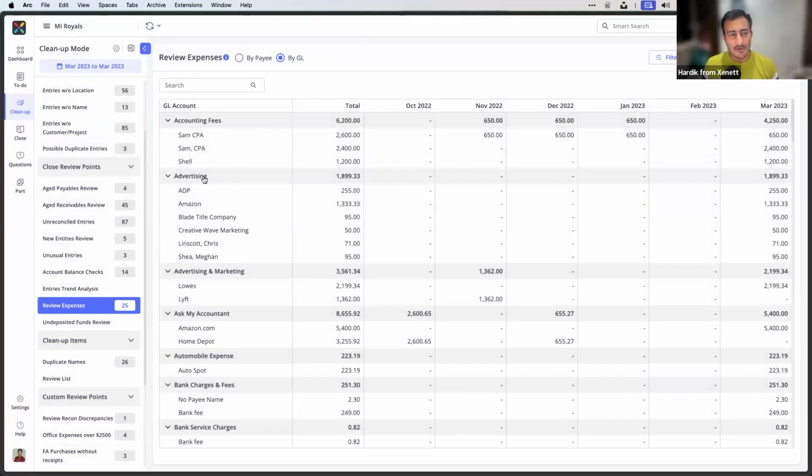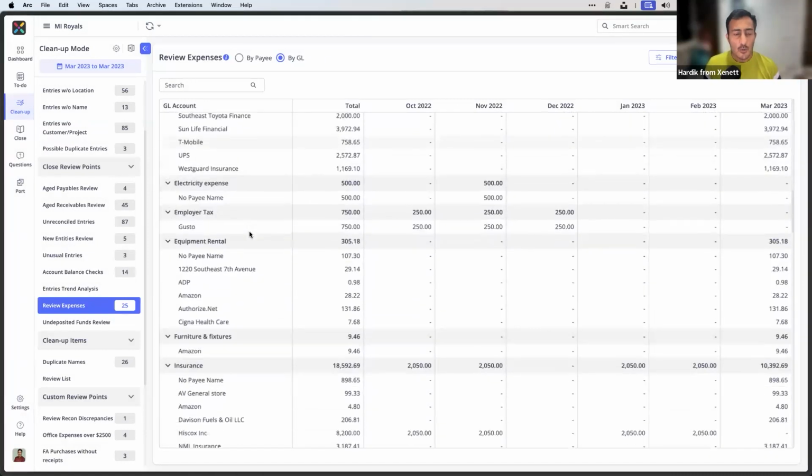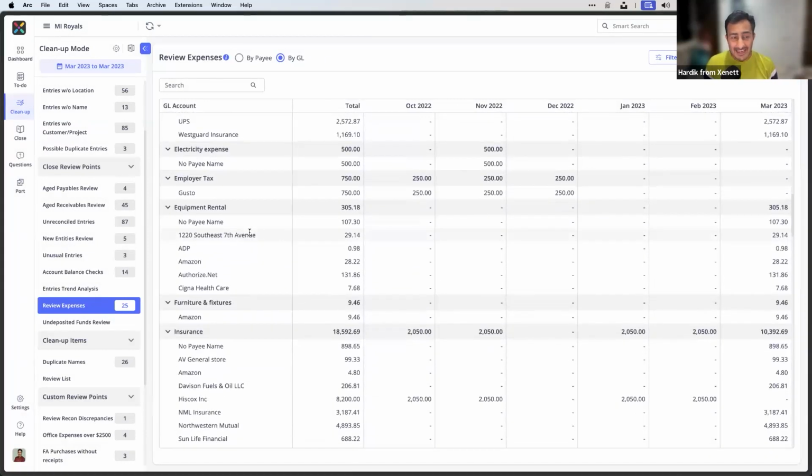So for advertising, what is ADP doing here, or what is Amazon doing here? I spend a few minutes quickly going through what each account has in it, and accordingly we make the fixes as it asks for. So this is what I do to ensure that nothing is misclassified.